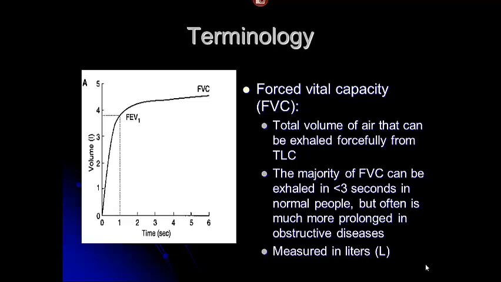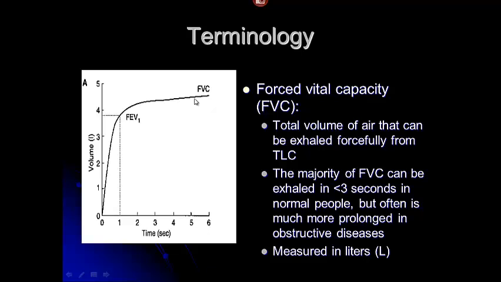We discussed what is forced vital capacity. Remember, it is the amount of air that you exhale after a normal expiration or after a resting state of expiration. When you forcibly expire, the first second is measured, and that is called forced expiratory volume in the first second.